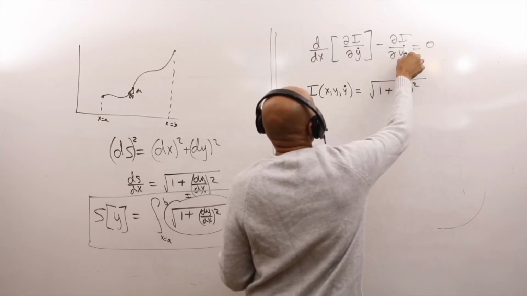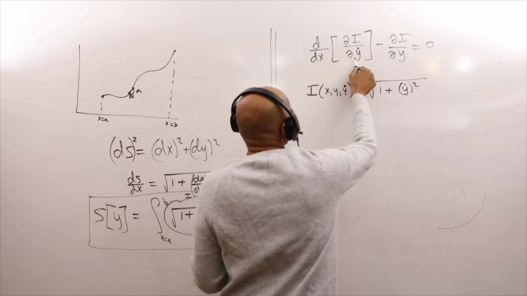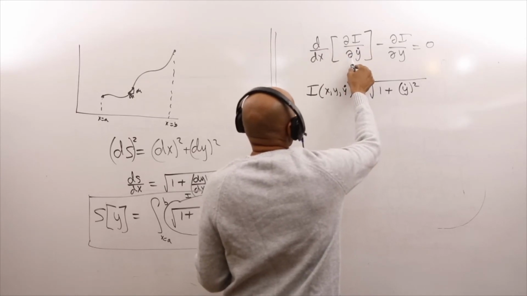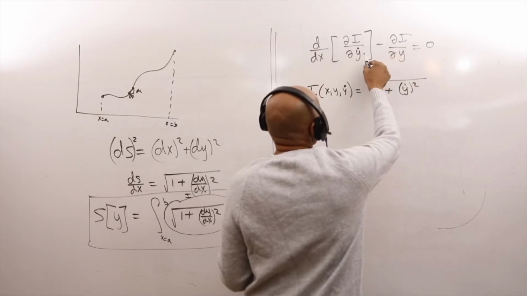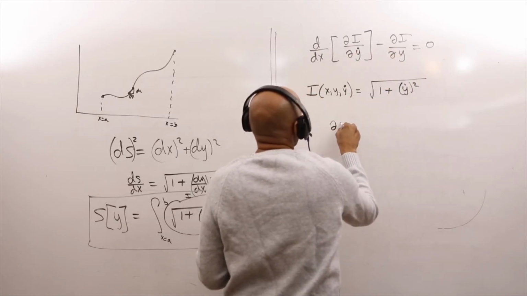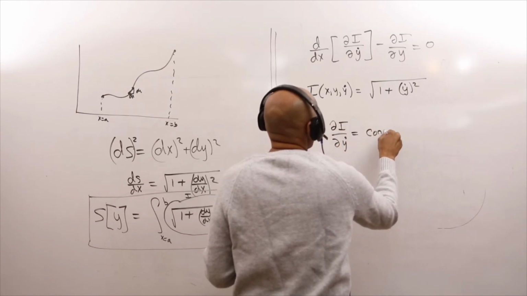And if this is 0, that means that the derivative with respect to x of the partial of I with respect to y dot is equal to 0. And if that's equal to 0, then this partial of I with respect to y dot must be a constant.